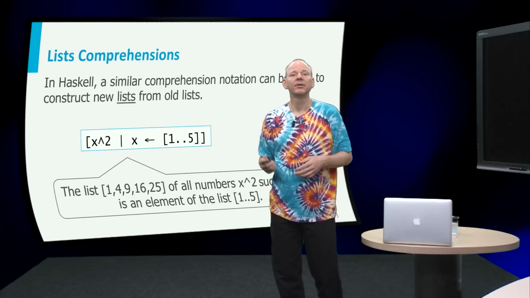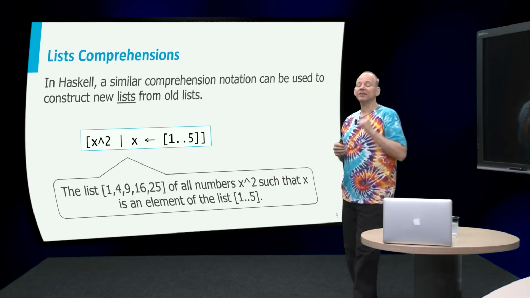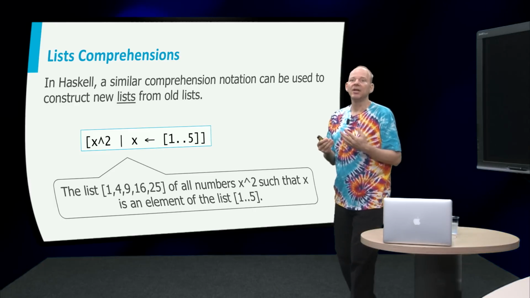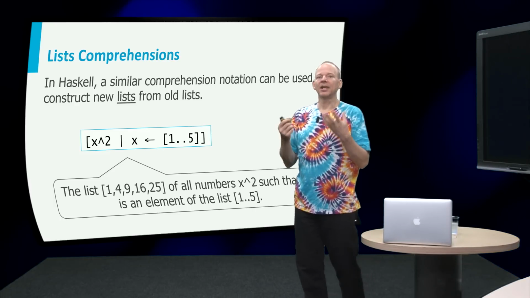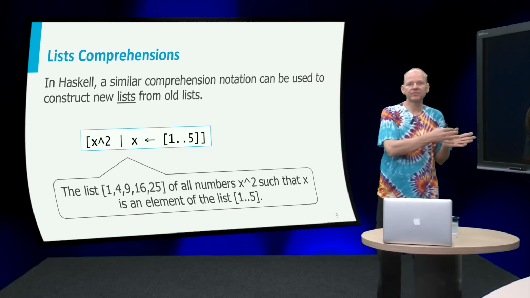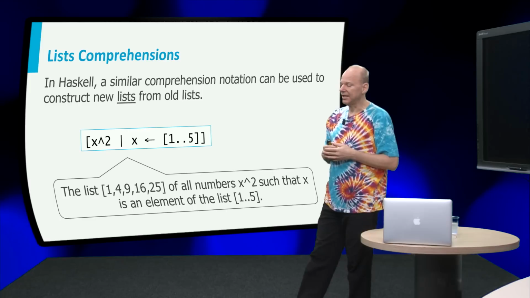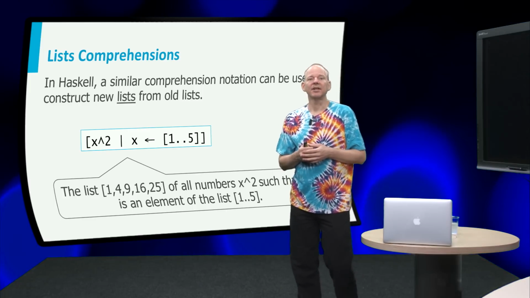So what people did in functional languages is take the same notation, the same ideas, but instead of sets, use lists. And so set comprehensions in mathematics become list comprehensions in Haskell. Here's the same example written as a list comprehension.